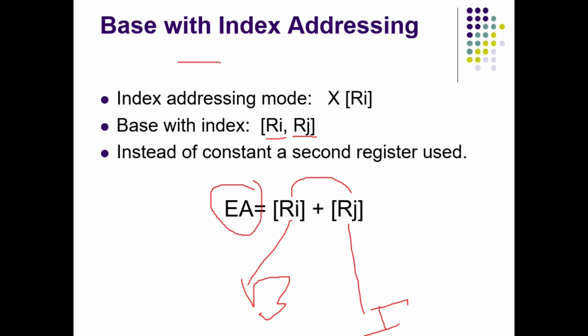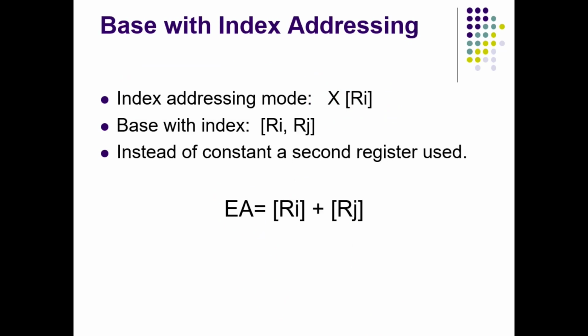If you go back to index addressing mode, we used to add that particular constant x to the register content. Here instead of that constant x we have one more register. So the base register is added to the index register and the effective address is calculated. So base with index register addressing mode is nothing but a variation of index addressing mode.